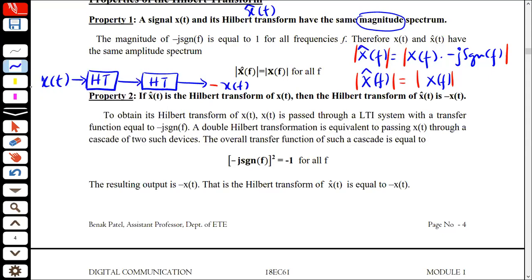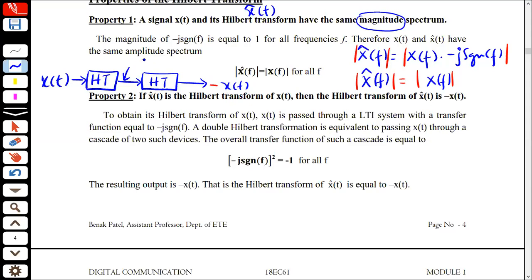If I make an input signal x of t go through two cascaded Hilbert transformers, the output signal will be of the same nature as x of t, but associated with a negative sign. If a signal is made to pass through this h of t, what will be my intermediate output?